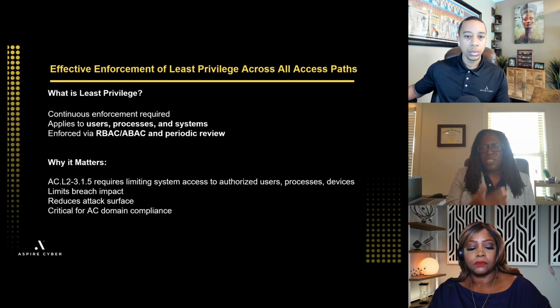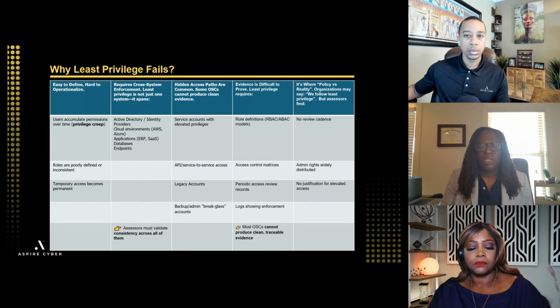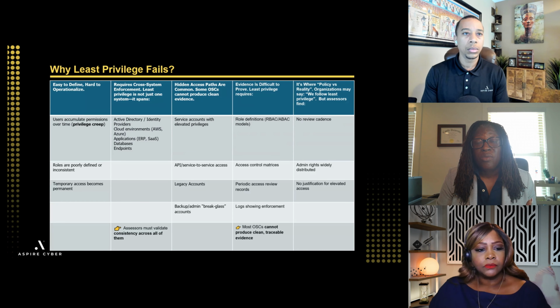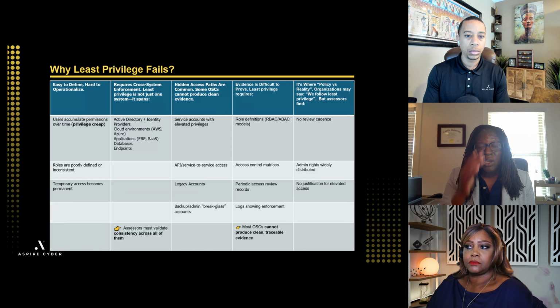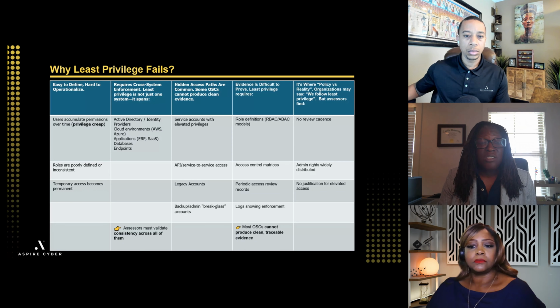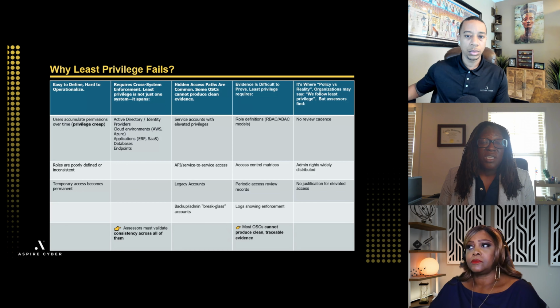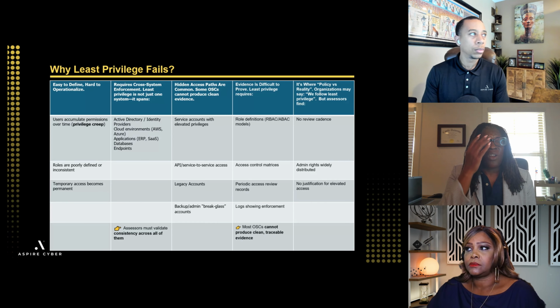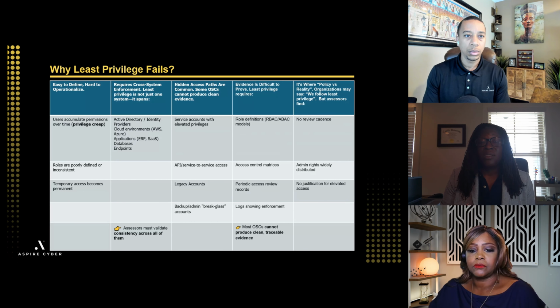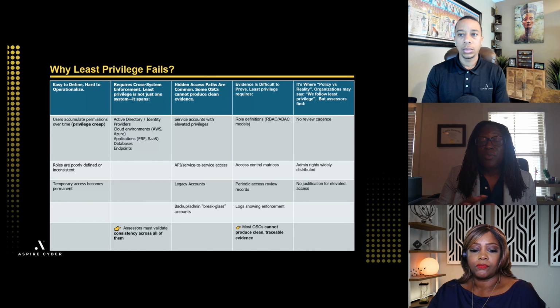So I want to take an opportunity not to really show you all of this knowledge here, but really to give you the overall objective of why least privilege often fails for some OSCs. One of the main culprits that I notice is many of the OSCs or OSAs, those organizations seeking assessments, are lacking in the policies or processes that minimize privilege creep.